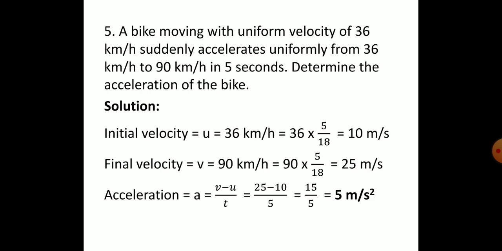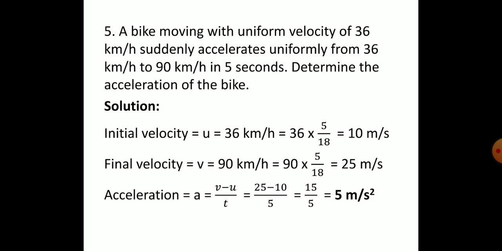You will be driving your bike, then you will slowly increase the speed. That is, you will be rotating the accelerator in your bike. So that is what this example is telling. A bike is having one uniform velocity. Now they are accelerating from 36 to 90 km per hour in 5 seconds.